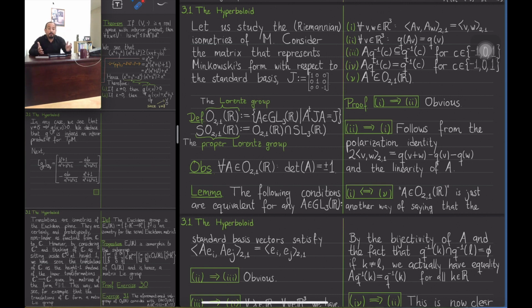And of course, we produced the hyperboloid as sitting naturally in a certain space of higher dimension, right?